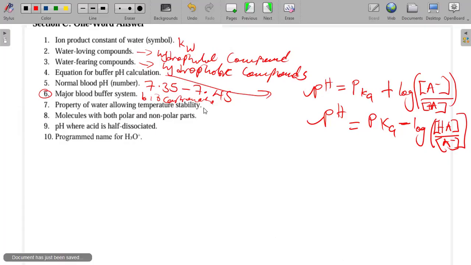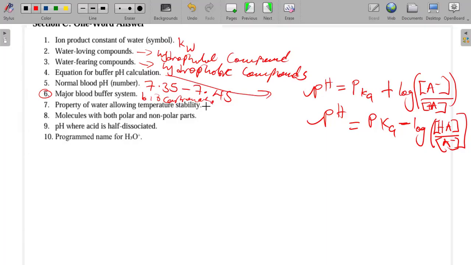Okay, so because of it having the high specific heat capacity, it allows water to have that temperature stability, isn't it? There's no change in terms of state even when there's just a little change in temperature. So you need to have high heat for you to change the state of water, isn't it?